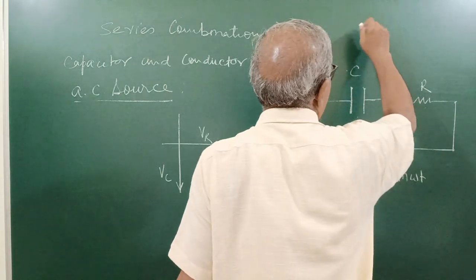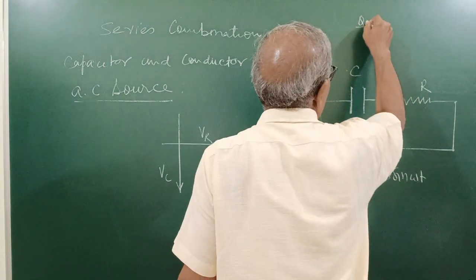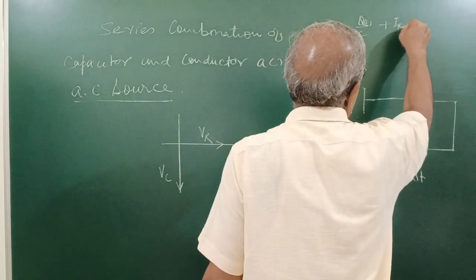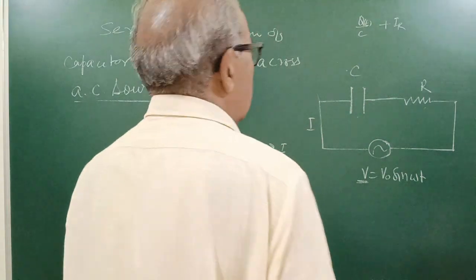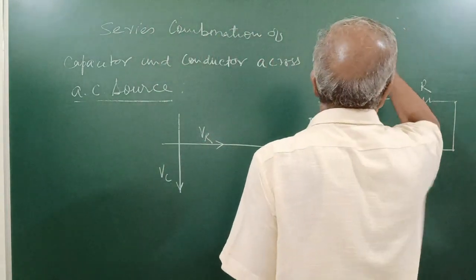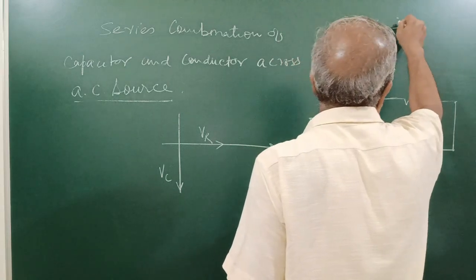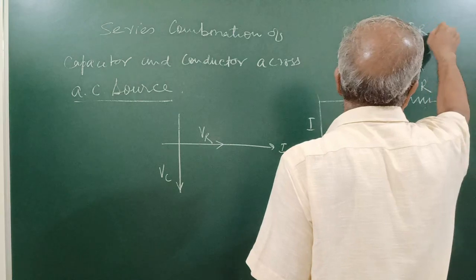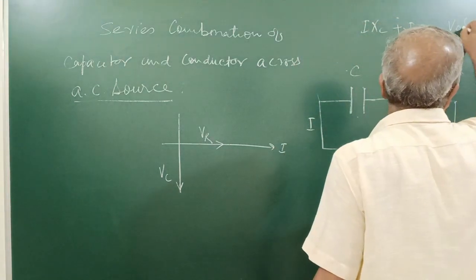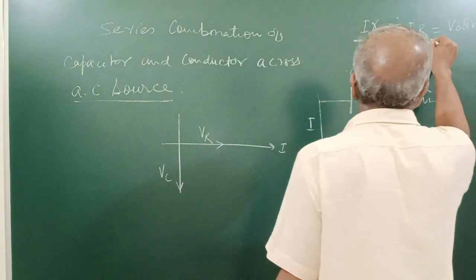That way you can write it as Q by C plus IR, that is, I XC plus IR equal to V0 sin omega t. These are the instantaneous values.